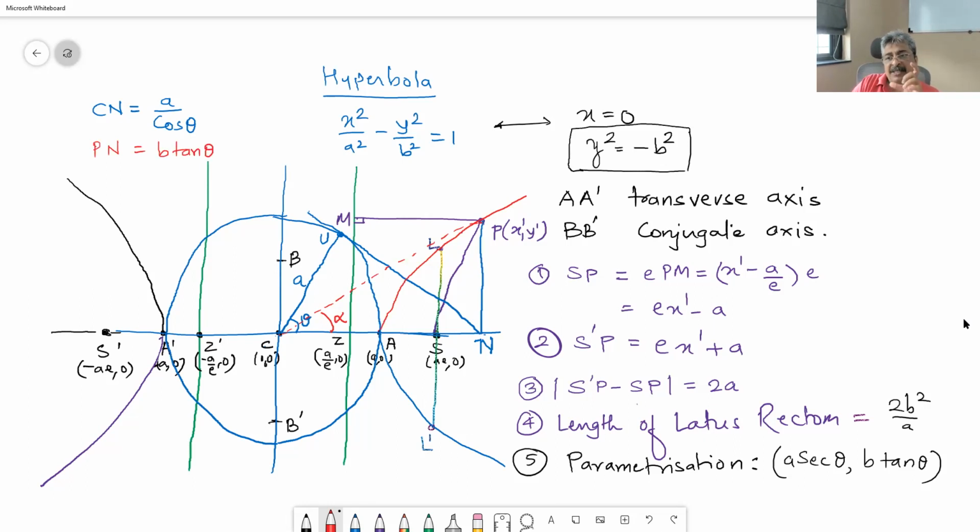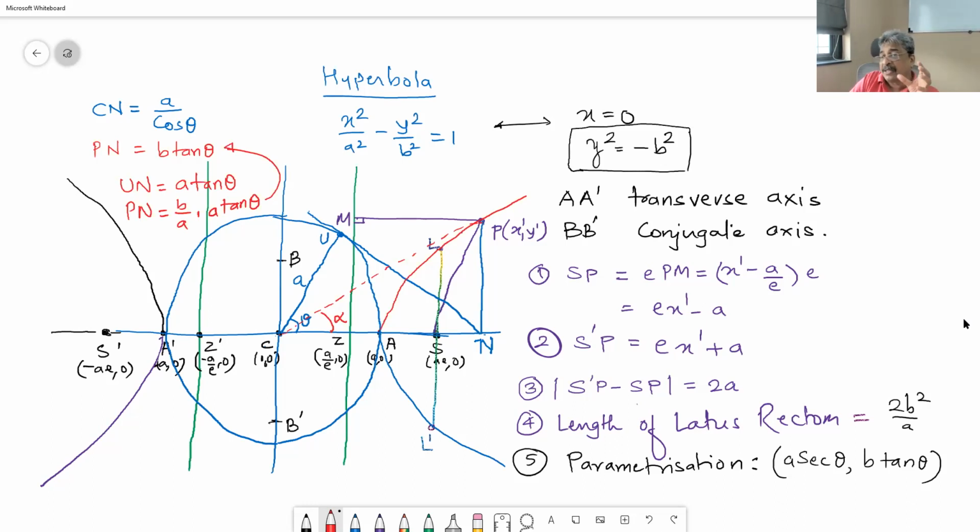Actually, PN distance is a uniform compression of UN in the ratio b upon A. You can see that UN is equal to A tan theta, correct? And PN is equal to b by A times A tan theta, which is b tan theta. So it's a uniform compression with the ratio b by A. UN you compress to get distance PN.